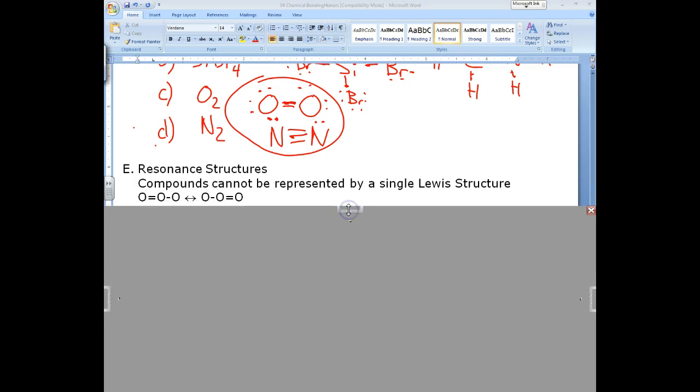The example I'm going to give you is ozone. Ozone is O3. And this is what protects us from ultraviolet radiation in the form of the ozone layer.